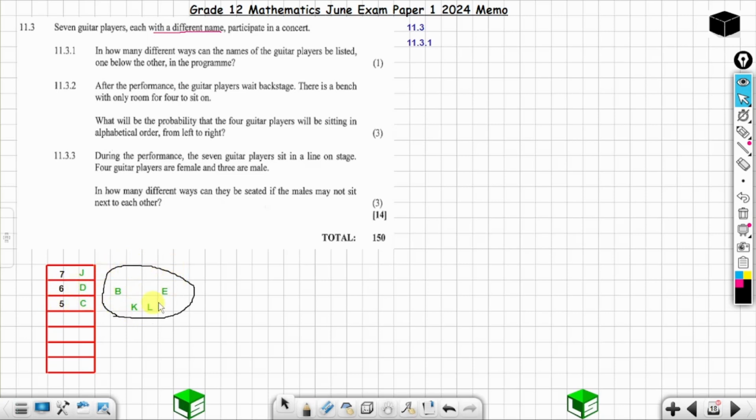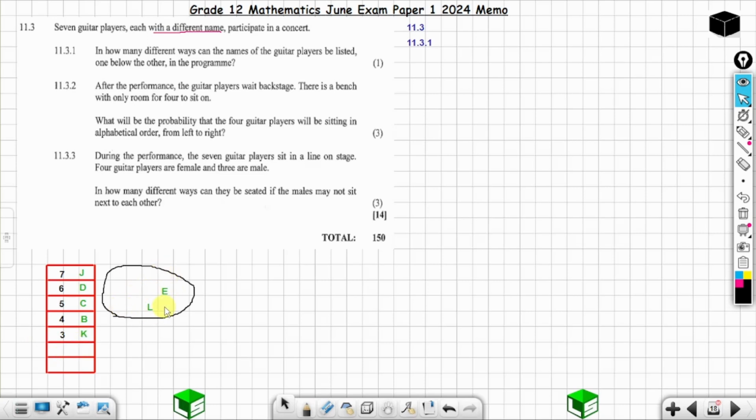Now I've got 4 options to choose from. I can put B, for example. Now I have 3 choices to choose from, so I can choose K in the 5th place.